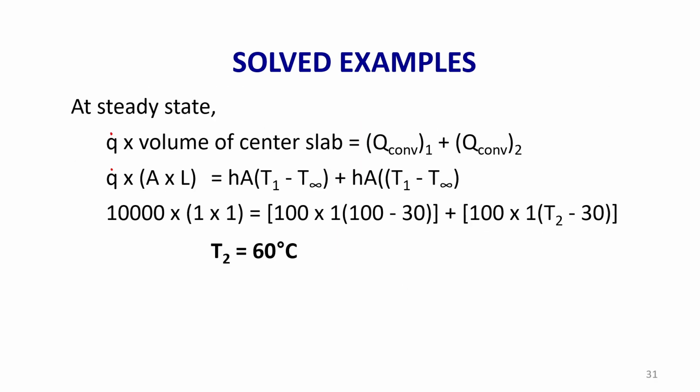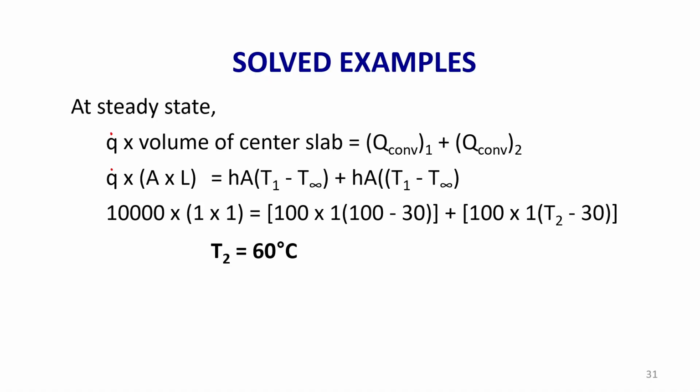At steady state, the internal heat generation, because it is per unit volume, multiplied by the volume will be equal to convection for the first slab and convection in the second slab.